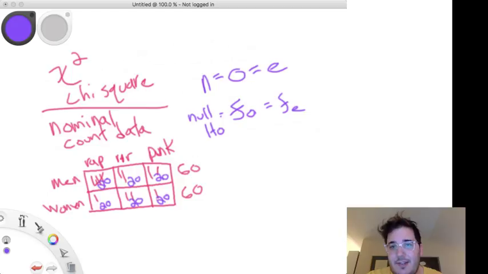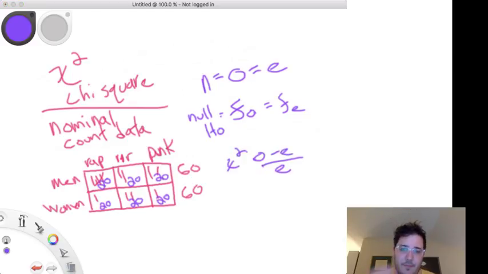All 3 of those tests, you're comparing one mean to another, either a sample mean to a population mean or a sample mean to a different sample mean. Here, you are comparing observed data to data you would expect to observe if the null was true. So that's chi-square. And remember, chi-square is observed minus expected, squared, over expected, for each cell.